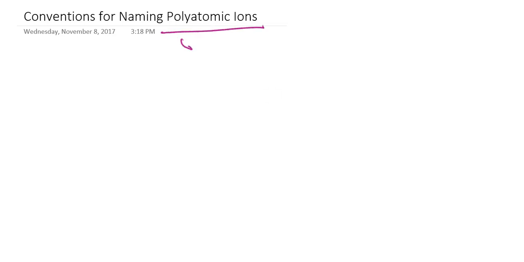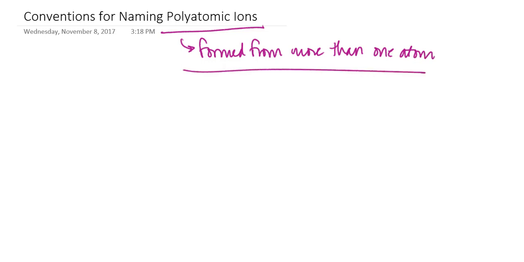Now, polyatomic ions are formed from more than one atom. Okay, now a large portion of these polyatomic ions are what we call oxyanions, which basically are negatively charged.